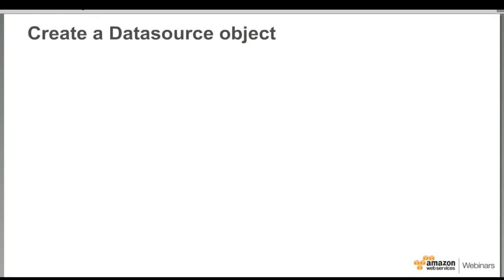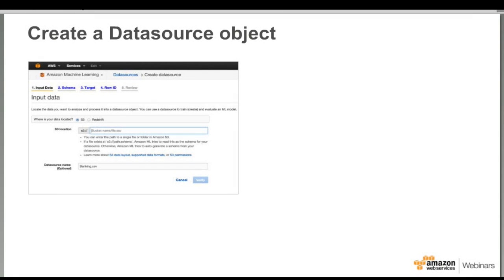The choice is yours. As I've mentioned earlier, what we find is most customers prefer to use the interactive tools for the exploration stage and finding the right model. And then once there is a model of the right quality that is ready, they go to the API to productize it.